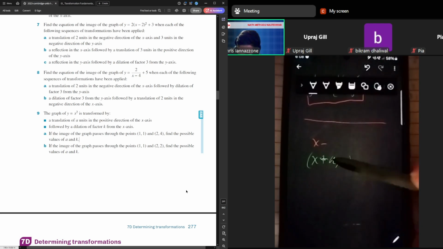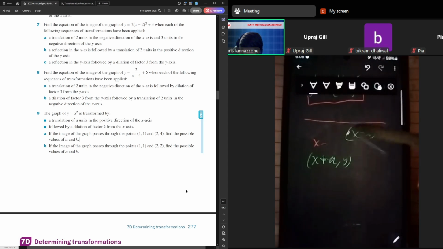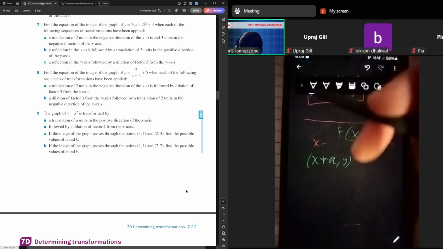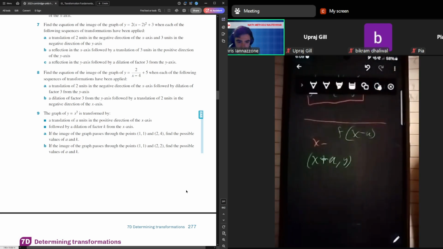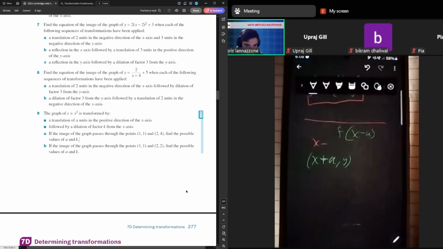That's the only weird thing about doing the point form, I find, which is it's already been beaten into you that horizontal translations look like that when they're in a function, but when they're in point, they are what they are intuitively. But yeah, so the first one will be x plus a comma y, and then followed by a dilation factor k from the x would be what?